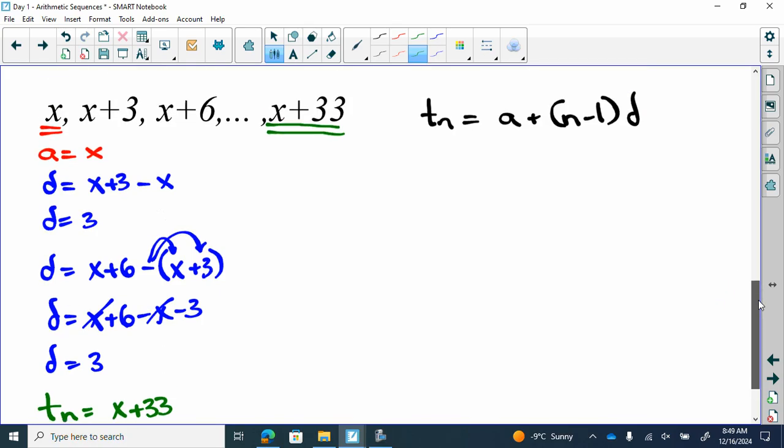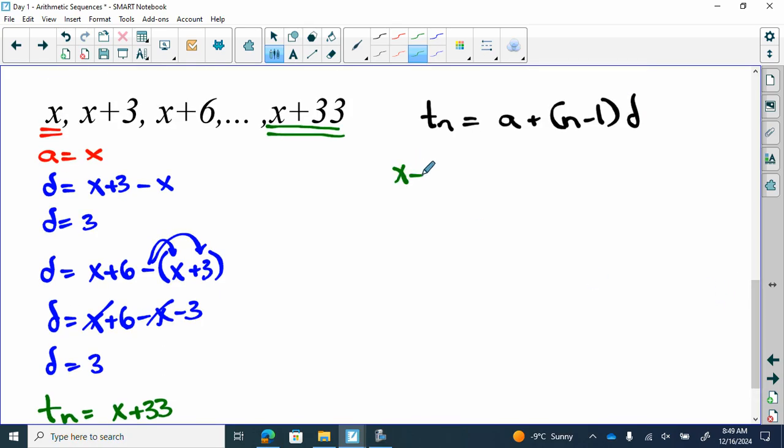Cool? X plus 33 fits there. X goes here. And this is going to say n minus 1 times, anyone? 3.